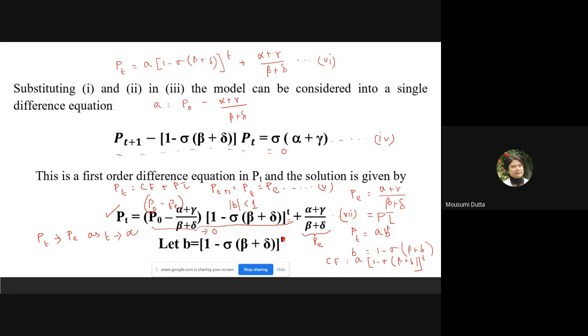As we go on increasing the power T, the fraction becomes smaller and smaller, so this entire term will move towards 0. So the first term will vanish and PT will move towards the equilibrium value alpha plus gamma by beta plus delta.